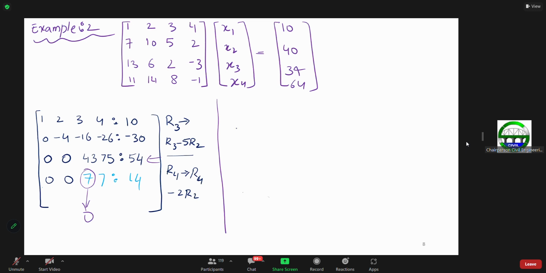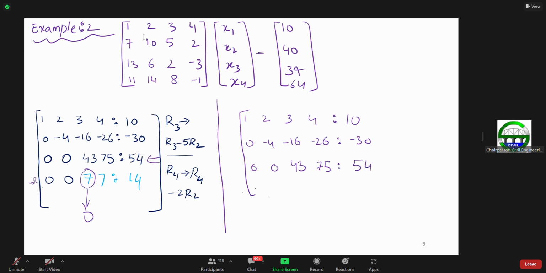How are we gonna make it? So in here, we can write it. There will be a change only in R4, right? So I will write 1, 2, 3, 4, and 10. 0 minus 4 minus 16 minus 26 is equal to minus 30. And then it is 0, 0, 43, 75, and 54.